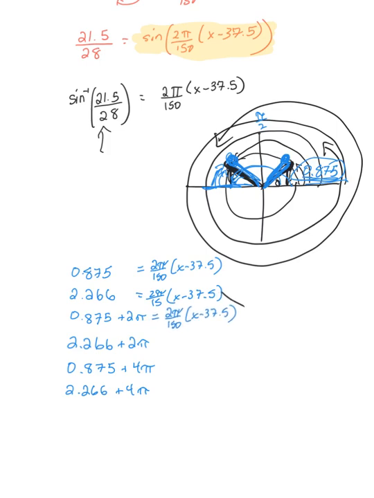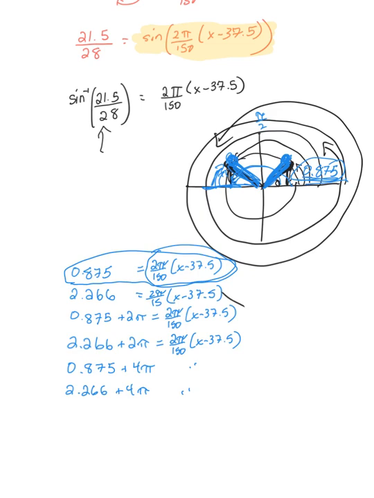Okay, so now it would have been a mistake if I did all of the calculations for this first one and then started adding 2 pi. You have to find the other arm and start adding and subtracting 2 pi before you start finishing off the equation. Otherwise, you're not going to get the right answers, okay?